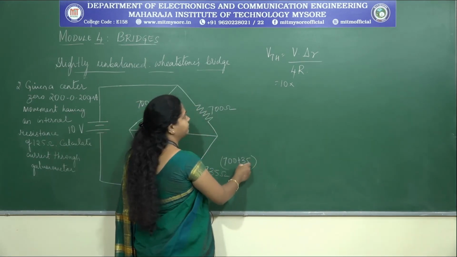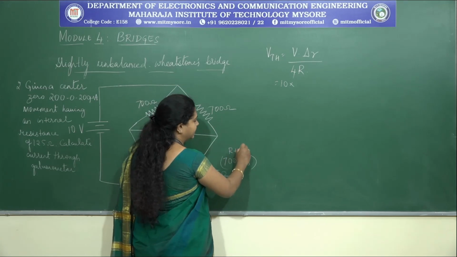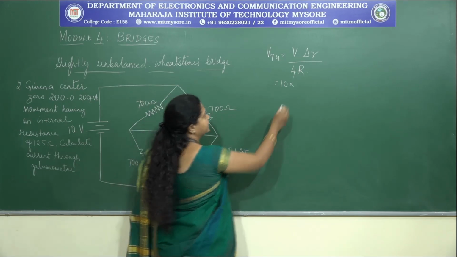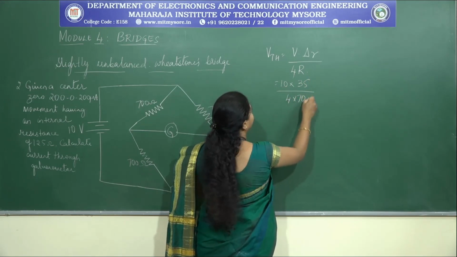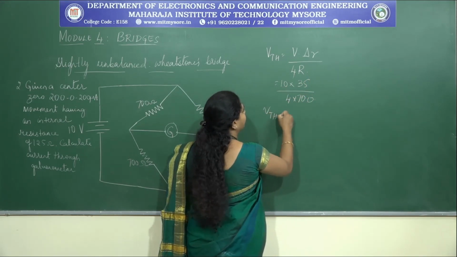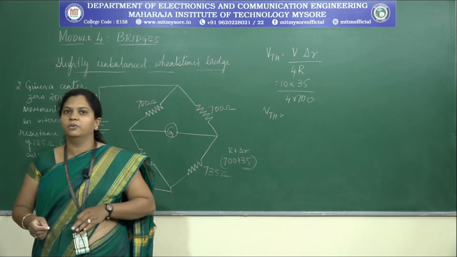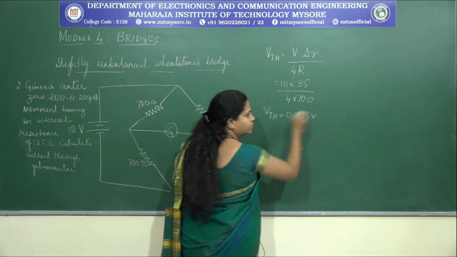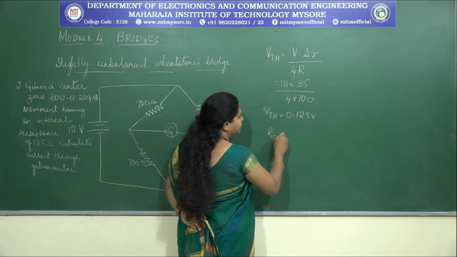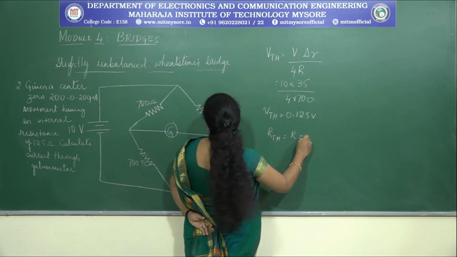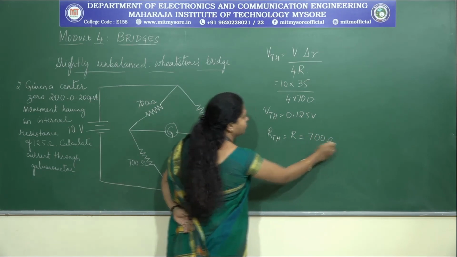So this R plus delta R value gives delta R equal to 35, divided by 4 into 700. So this gives the value of the Thevenin's equivalent voltage, 0.125 volts. Now R Thevenin is equal to R, that is equal to 700 ohms.